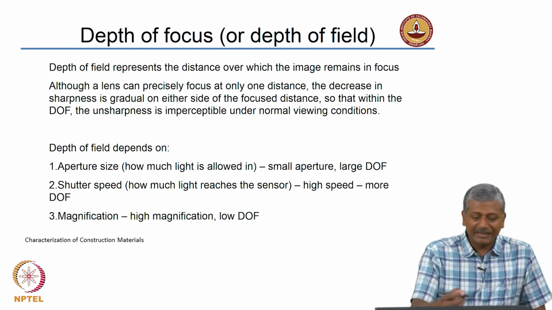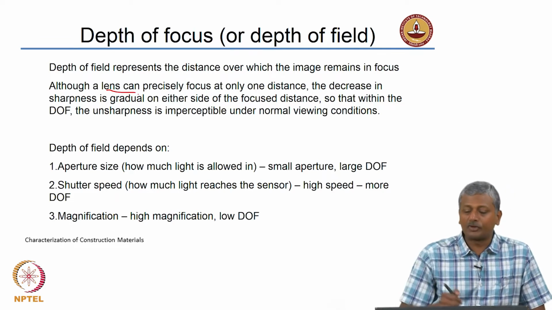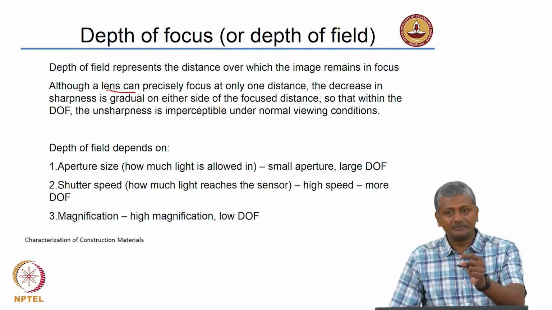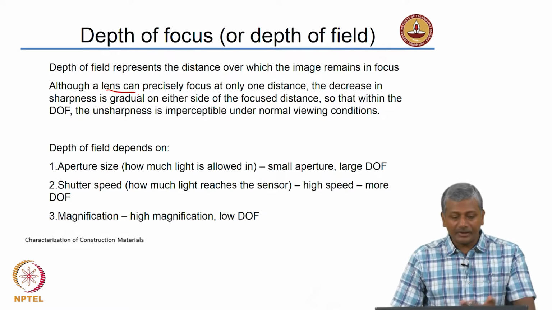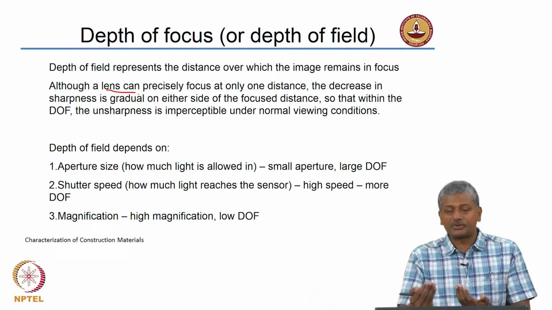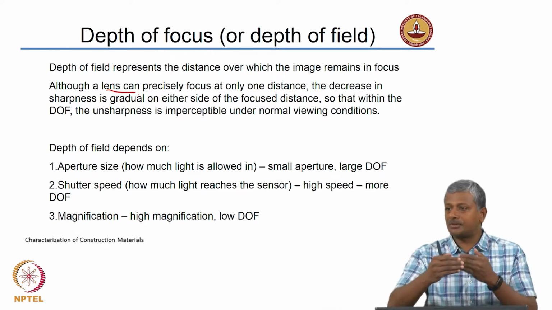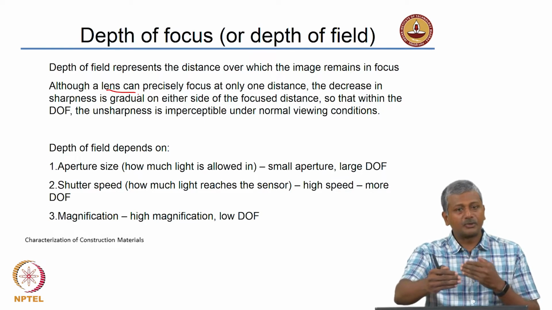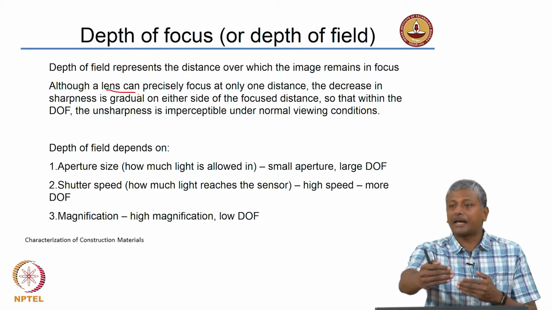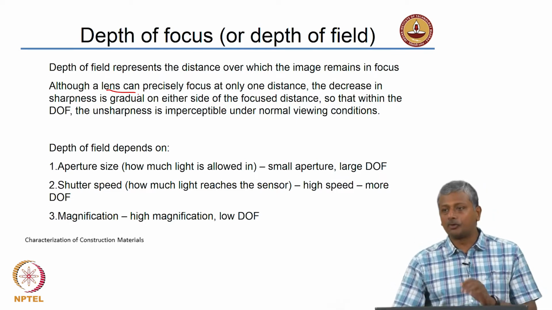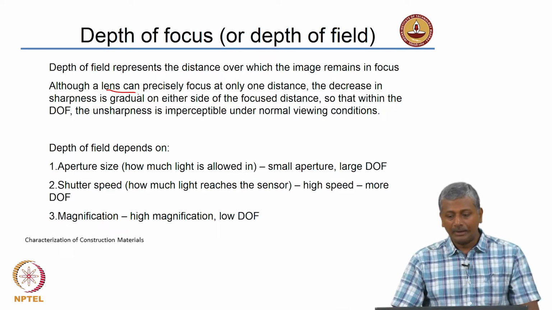Okay. So, the lens can precisely focus only at one distance, because it has a particular focal length, but the decrease in sharpness, or the unsharpness, is gradual on both sides of the image. Okay. So, there will be a lot of other components that you capture in your photograph or look at with your eye, which will still remain in focus, although you are looking at only one particular plane.